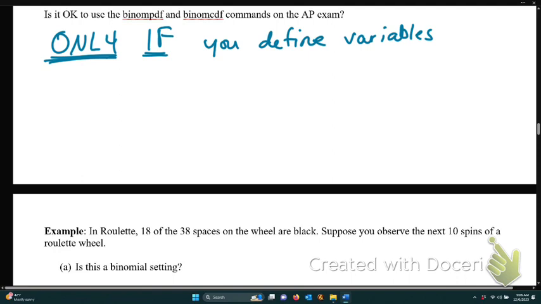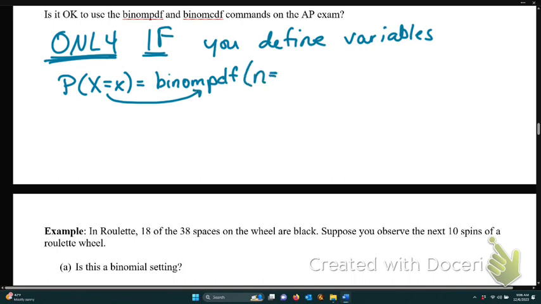So what I'm saying here is, let's say you are trying to find the probability that x equals a number. You are more than welcome to write on your AP exam binomial PDF, because it's an equal to sign, right? Equal to sign gets the PDF. Binomial PDF of n equals blank, p equals blank, and x equals blank.